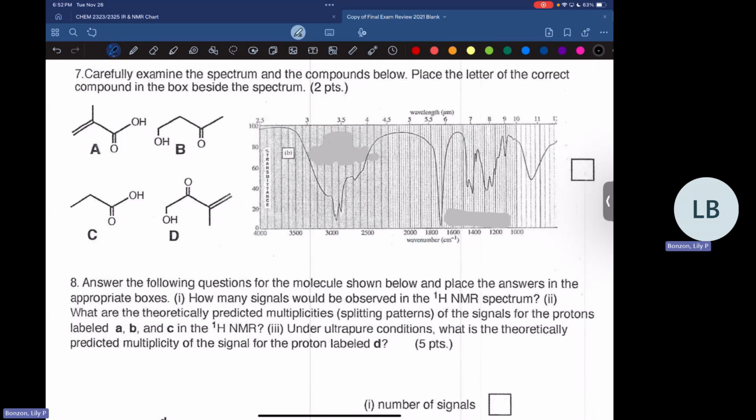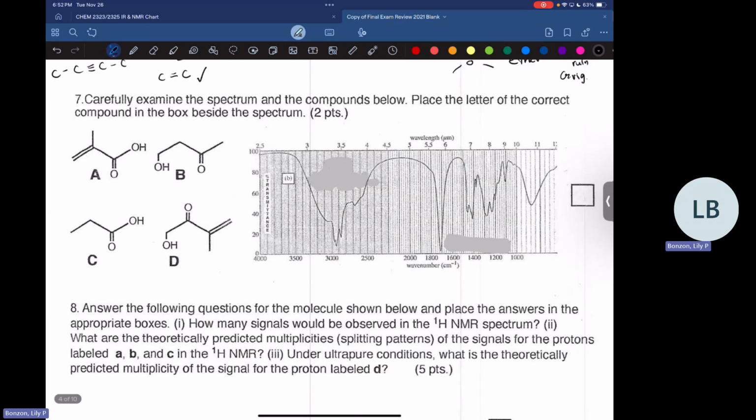So question 7. So we're given an IR spectrum and we're asked to find what the structure is going to look like. So your IR spectrum is going to tell you the functional groups that you have. So like alcohol, carboxylic acid, C double bond O, C double bond C, C triple bond, all that kind of stuff.